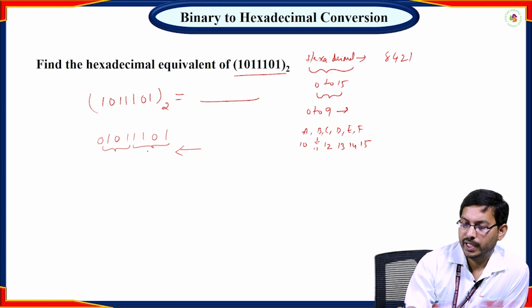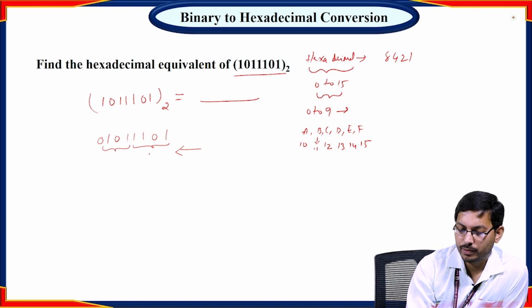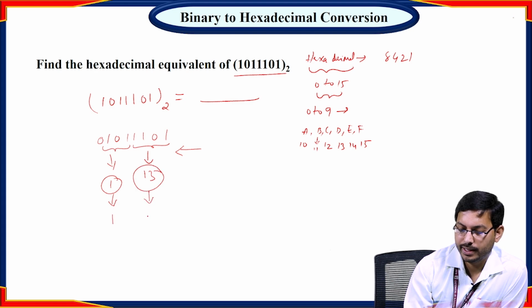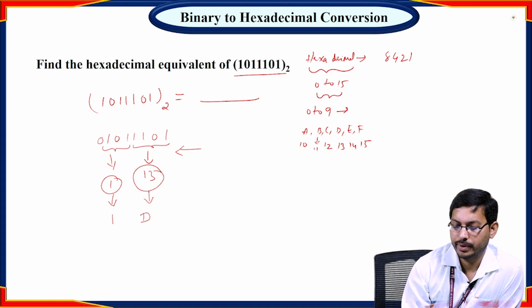As per the hexadecimal number system, what is the equivalent value of 1101? I think this is 13, so this is 1, and we can represent 1 as it is 1, but we can represent 13 as D. Why?